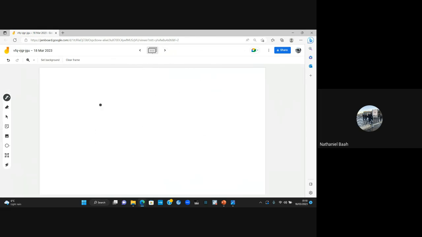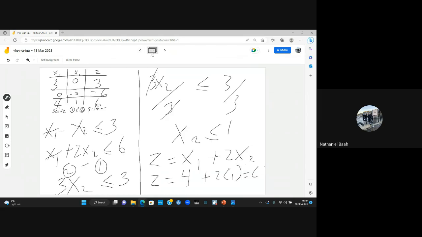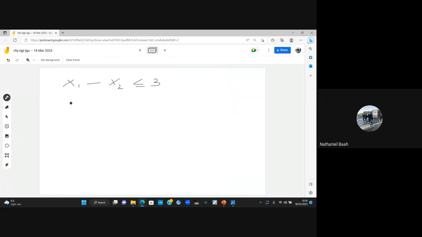So now, we had x1 minus x2 is less than or equal to 3. And we had x1 to be what? Let's go back to confirm. 4. We have x2 to be 1. So 4 minus 1 is exactly equal to 3. So it tells us that our answer here is correct.